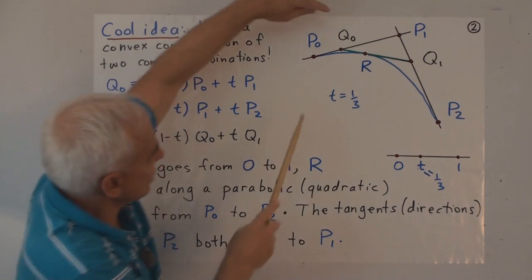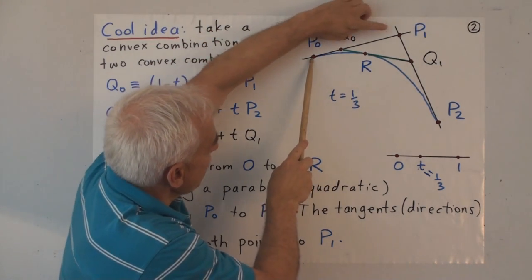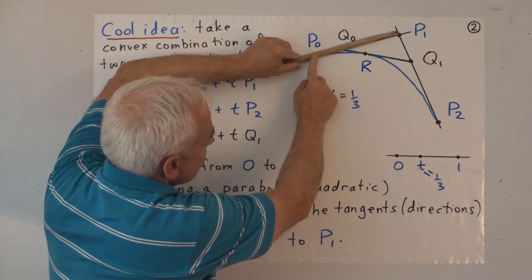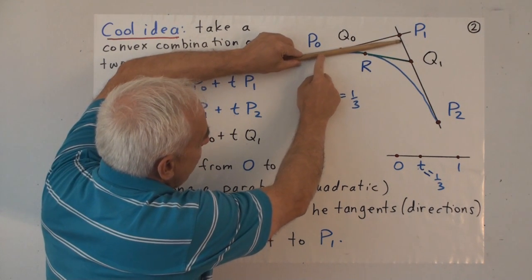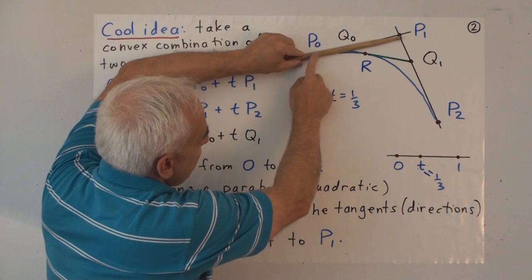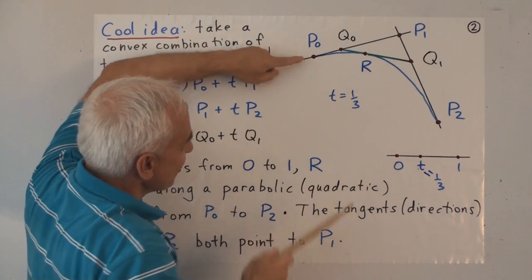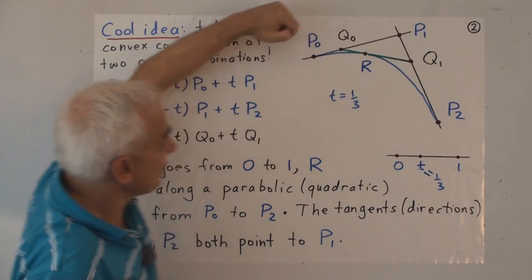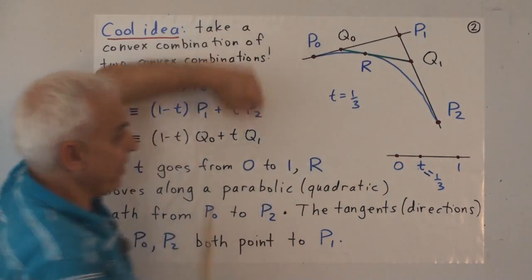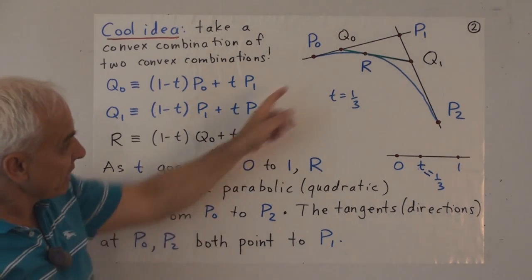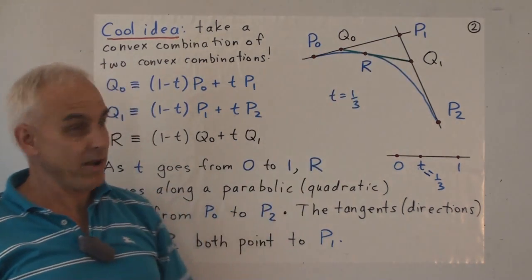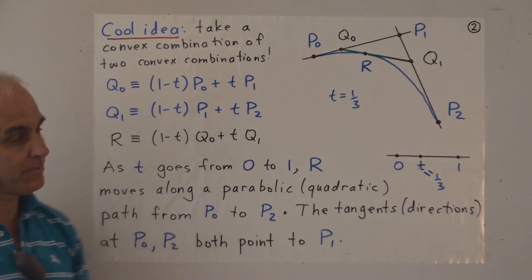And the nature of things is such that when we start at P0, at first, our point R is right there, and as time starts, well, this point isn't moving very much. So the point R is really going in this direction. So the point R's initial motion is along the line joining P0 and P1. In other words, this curve ends up being tangent to the line P0, P1 at P0.